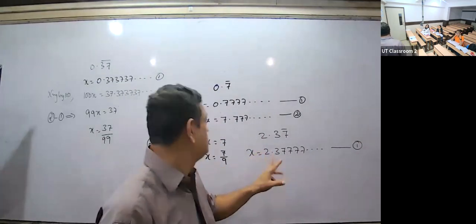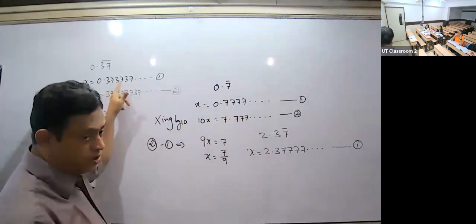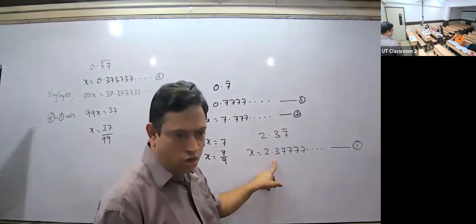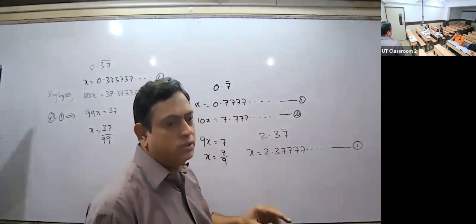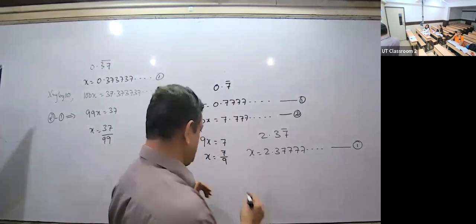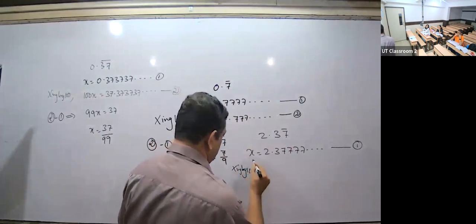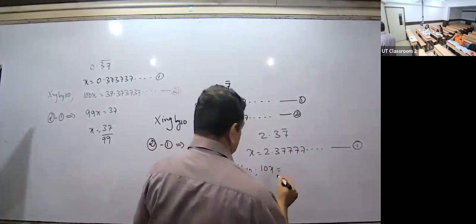In the previous cases, everything was repeating: 37, 37, 37. Whereas here, 3 is not repeating. So first I have to bring this 3 to the left of the repeating part. Multiply by 10. When you multiply by 10, 10x is equal to how much?